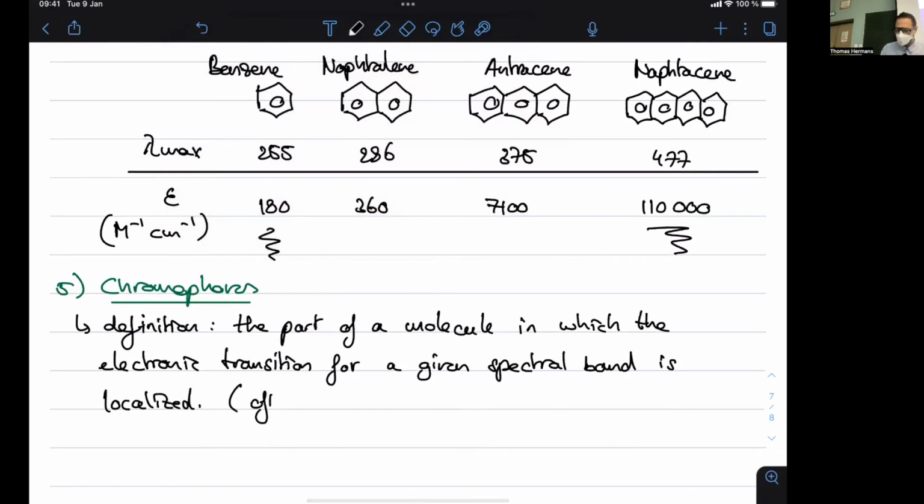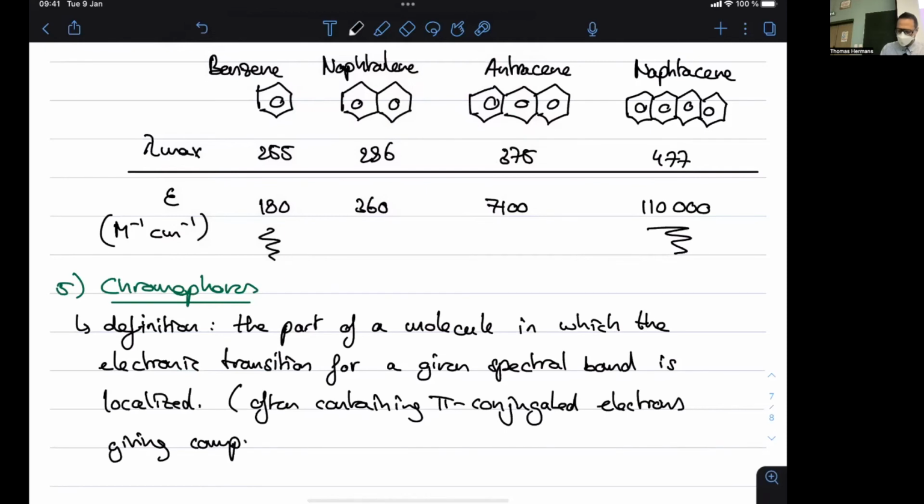So often it contains pi conjugated parts, electrons, giving compounds that are visibly colored, also known as pigments.